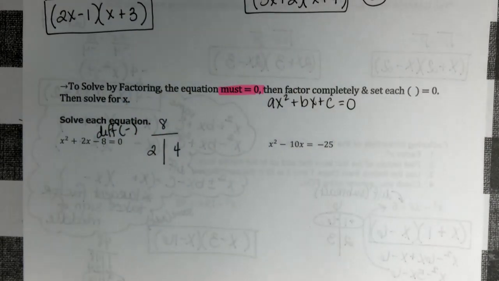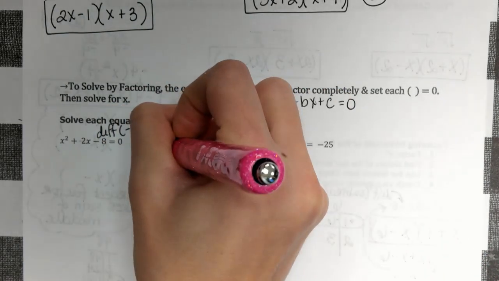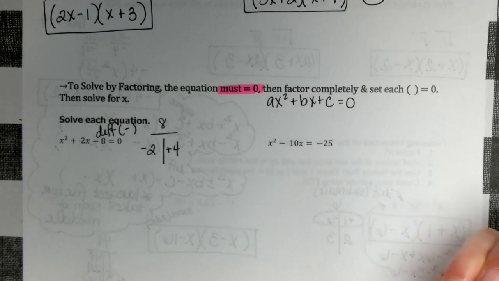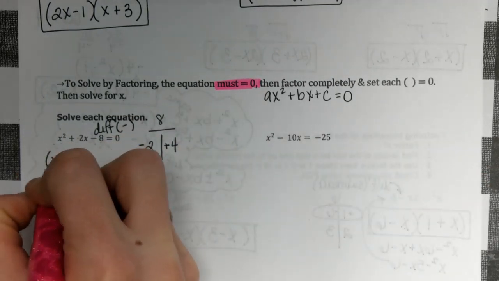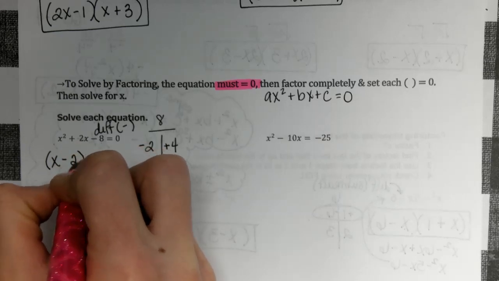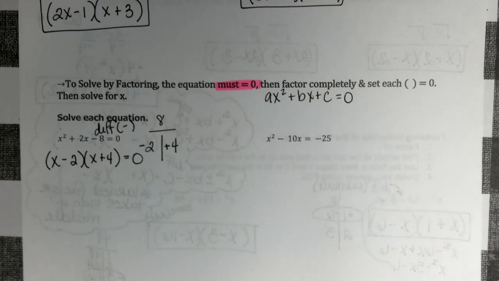Which one's positive, which one's negative? Very good. I don't have to divide because I never multiplied at the beginning. So this just leaves me with x minus 2 and x plus 4 equals 0.